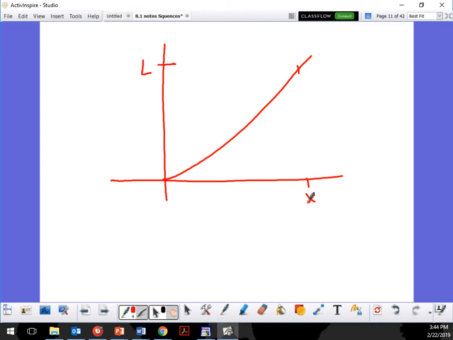Up above the L is going to be positive, so it's going to be L plus epsilon. This is just mathematical theory, it's proof for this. Below the L is going to be L minus epsilon.